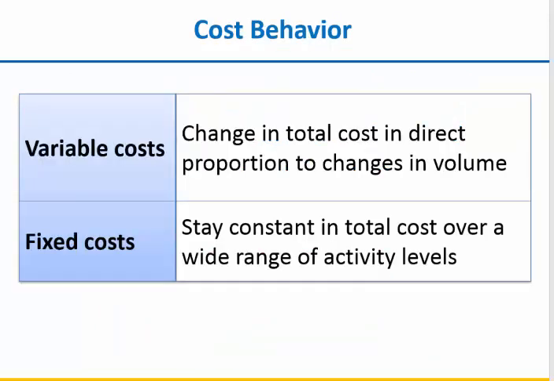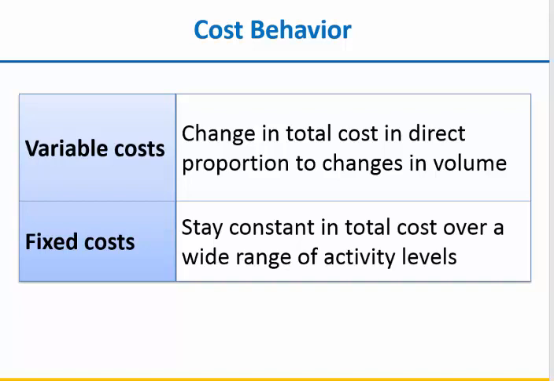So first, let's take a look at the variable cost and the fixed cost and how we define them. We classify the cost into the variable cost category and the fixed cost category based on their cost behavior. Let's assume that you have a certain cost.